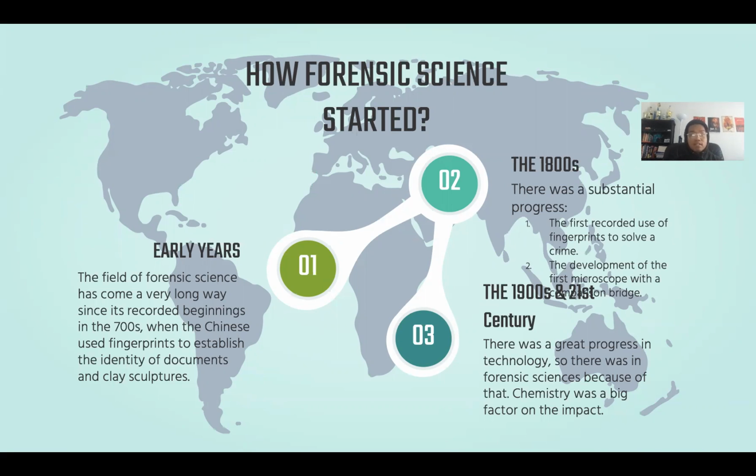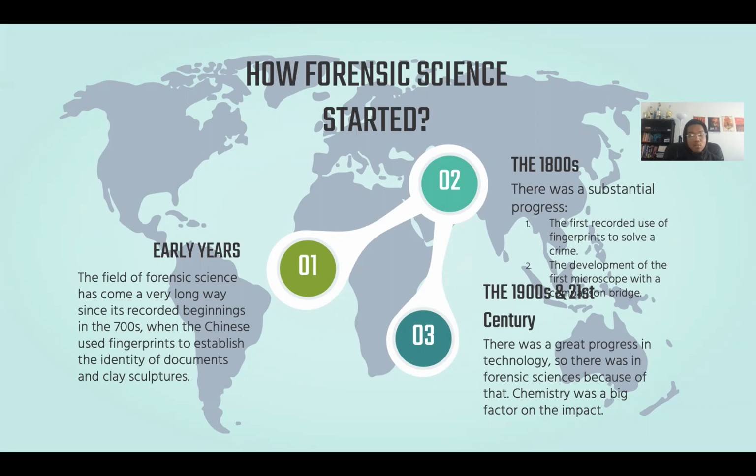In the 1800s, there was substantial progress: the first recorded use of fingerprints to solve crime, the development of the first microscope with a comparison bridge, the first use of toxicology in a jury trial, the development of the first crystal test of hemoglobin using Hemin crystals, the development of a presumptive test for blood, and the development of tests for the presence of blood in a forensic context.